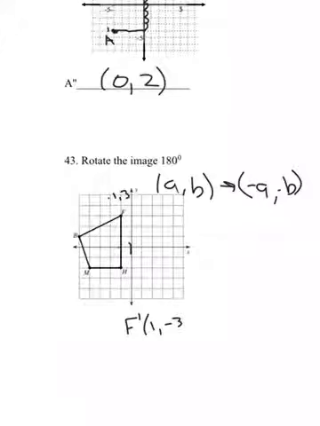Hold on. There's the x-axis. So 1, 2, 3. If H is at negative 1, negative 2, then H prime is going to be at 1, 2. Stop it. That's F prime, 1, 2.